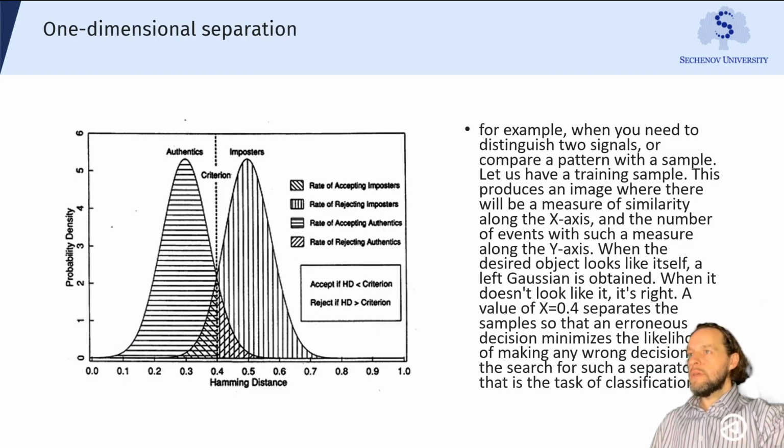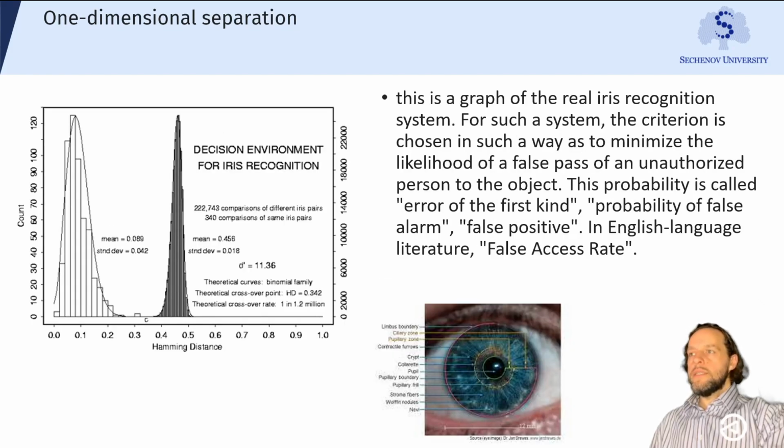For example, one of the simplest ways of applying a classifier is one-dimensional separation, and it could be applied, for example, on some data gathered in time to distinguish two peaks of data related to some object detection.